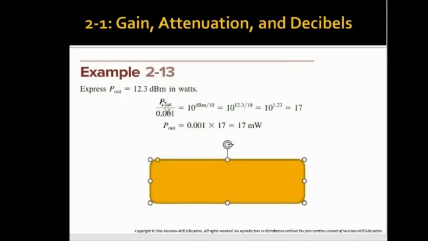So then we solve for P over 1 milliwatt, which is P out over 0.001, which is equal to 10 raised to dBm over 10. Our dBm is 12.3 divided by 10, which is 1.23. So 10 raised to 1.23 becomes 17. So then P out is 17 times 0.001, which is 17 milliwatts.